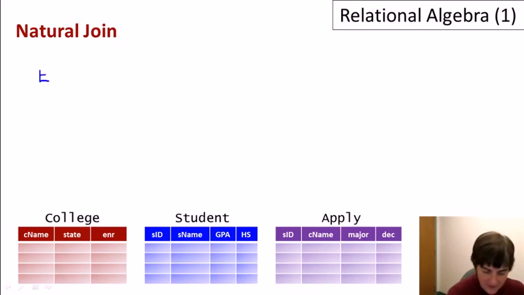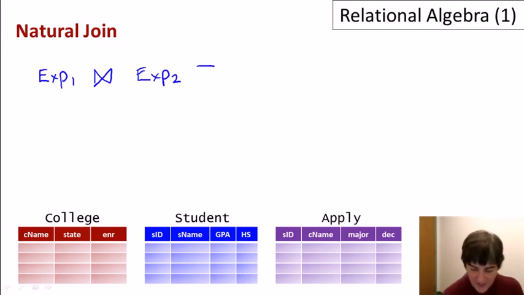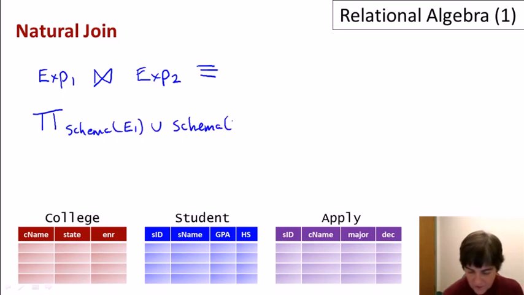If we have, and now I'm going to use the general case of two expressions, one expression natural join with another expression, that is actually equivalent to doing a projection on the schema of the first expression, I'll just call it E1 now, union the schema of the second expression. That's a real union, so that means if we have two copies, we just keep one of them. Over the selection of, now we're going to set all the shared attributes of the first expression to be equal to the shared attributes of the second.